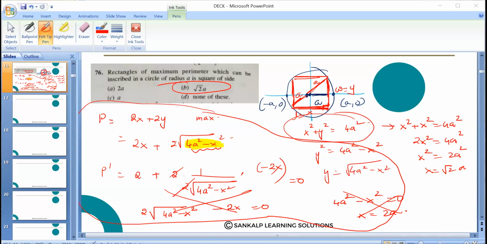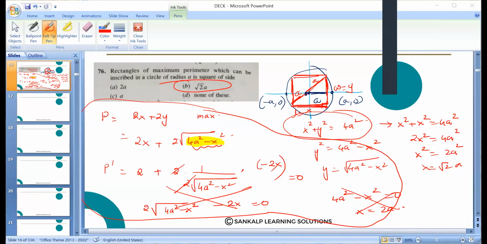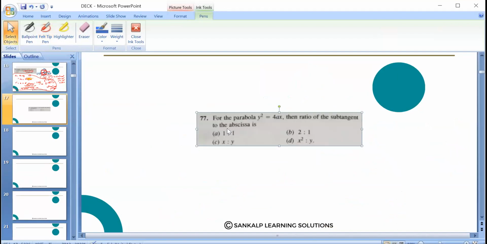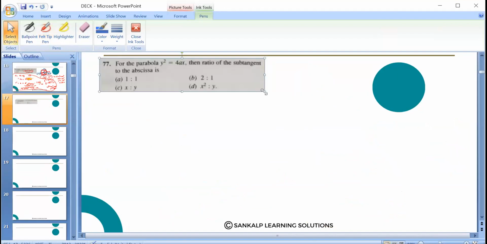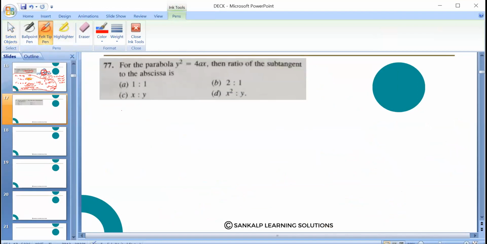Next is 77. For the parabola y square equal to 4ax, the ratio of subtangent to the abscissa. Subtangent is y by dy by dx. Abscissa means x. This ratio we have to find.